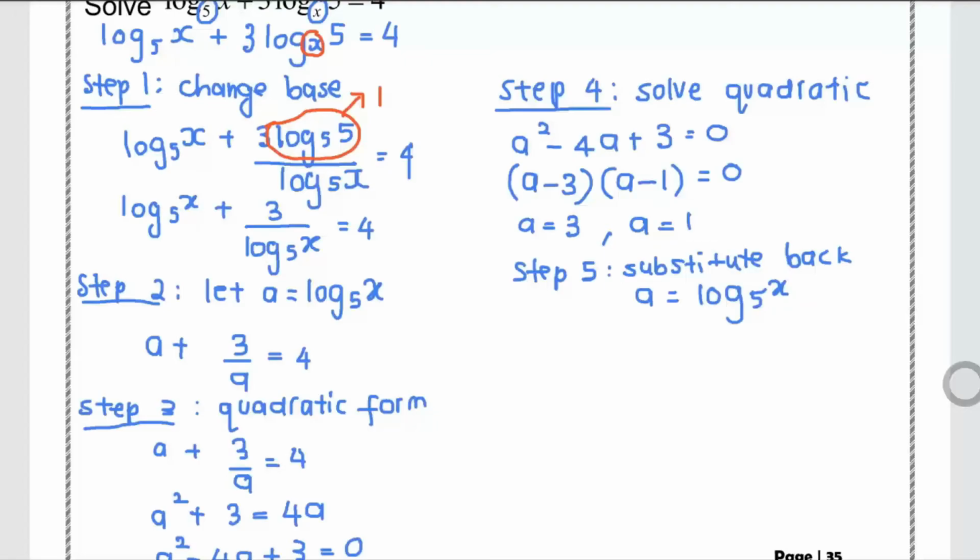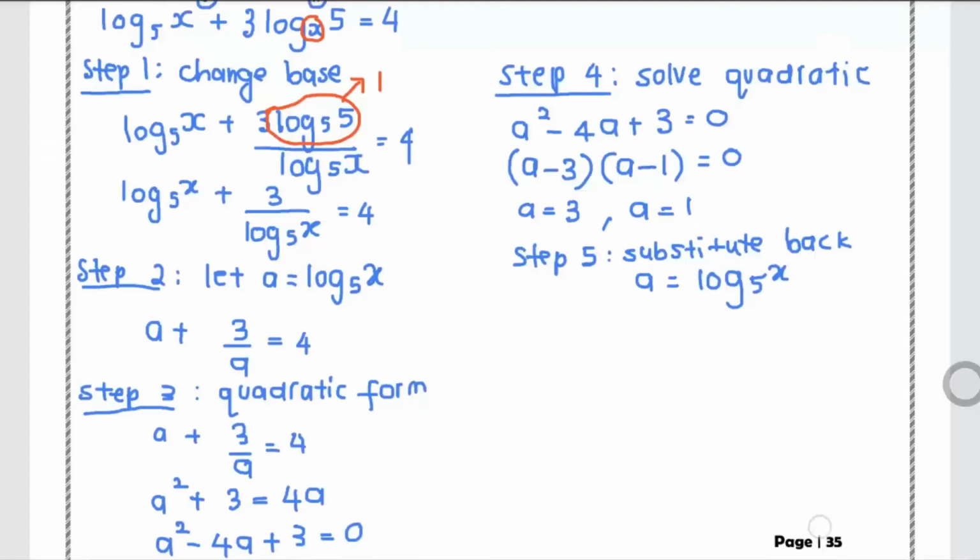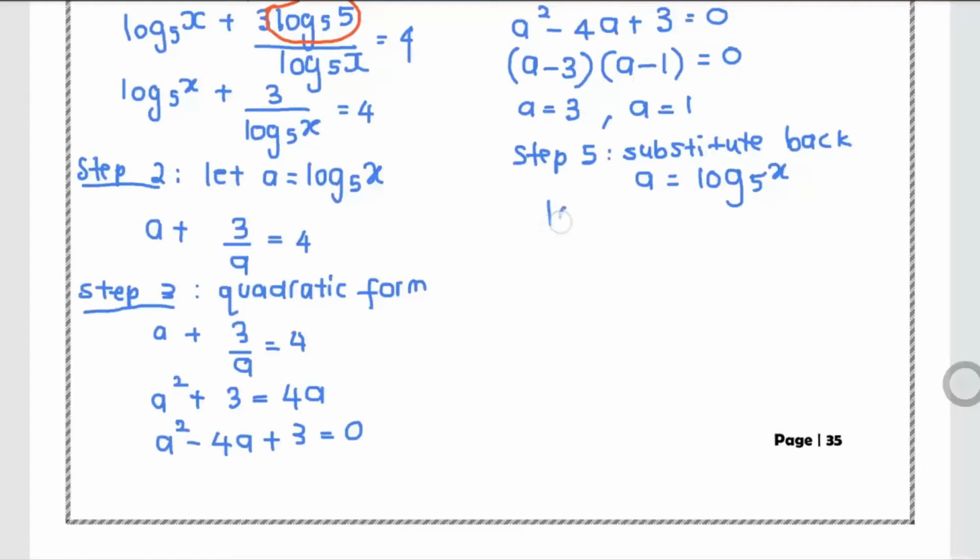So from a equals 3, we will change it back to log x base 5 equals 3. And for a equals 1, we will have log x base 5 equals 1. So this is step 5.